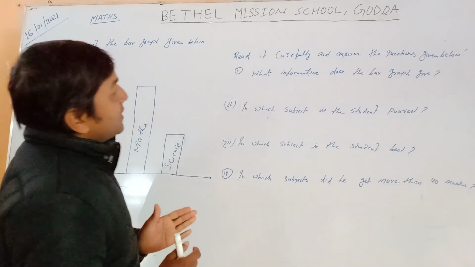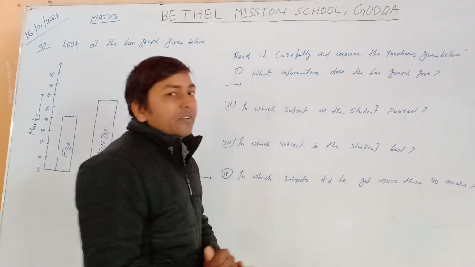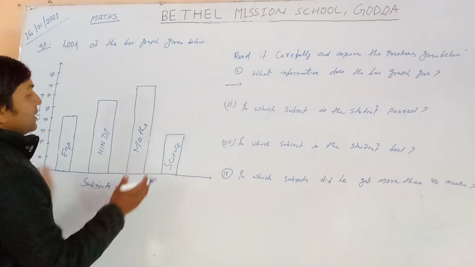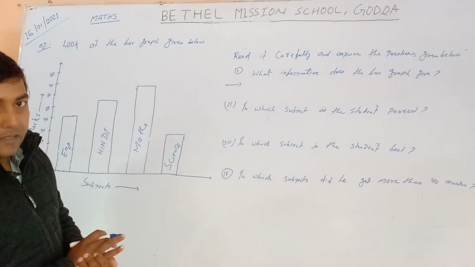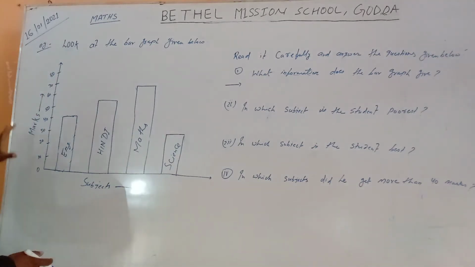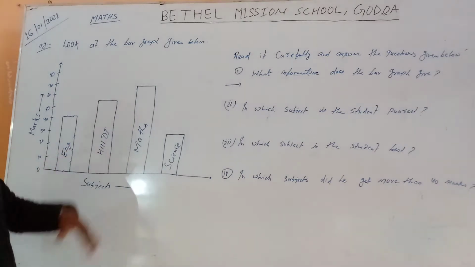First question says: what information does the bar graph give? This bar graph gives what information? You have to write down. The information it gives is the marks obtained by the students in 4 subjects.